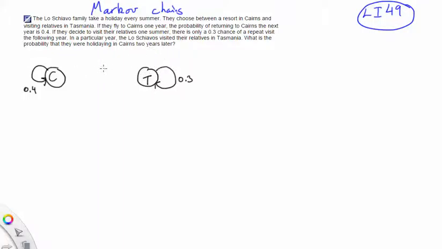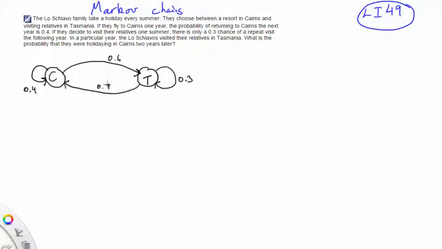Alright, so we need to fill in some things. If there's a 0.4 chance they go to Cairns, then there's a 0.6 chance they go from Cairns to Tassie. The same thing here, if there's a 0.3 chance they go back to Tassie again, then there's a 0.7 chance they go to Cairns.